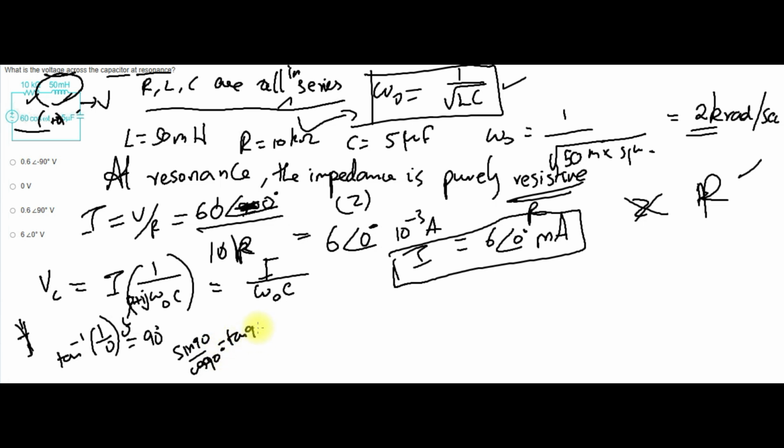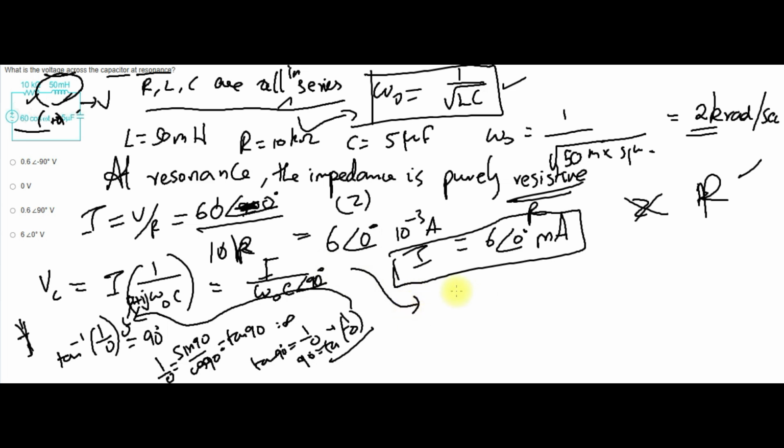Sin 90 is 1, cos 90 is 0, so 1 by 0 is infinity. So tan 90 equals 1 by 0, and 90 equals tan inverse of 1 divided by 0. So I have to write the angle 90 degree. Never forget. Afterwards, I am going right here. I, what is that?